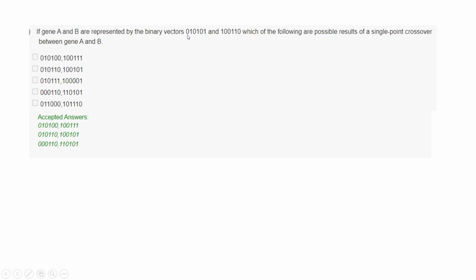So it becomes 0, 0, 0, then 1, then the second last place is swapped. Yeah, so A, B, and C.